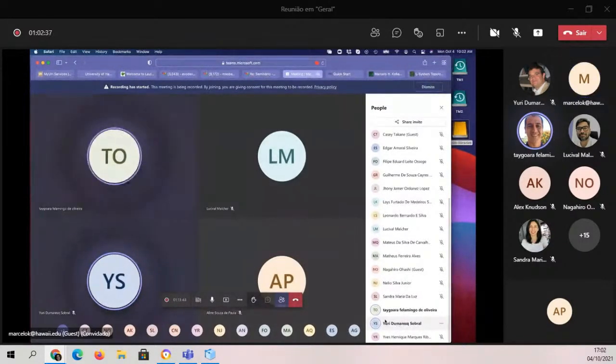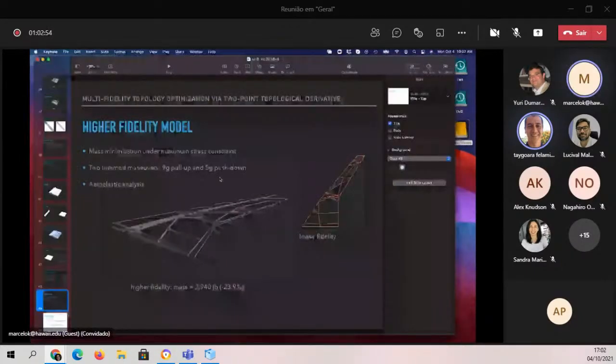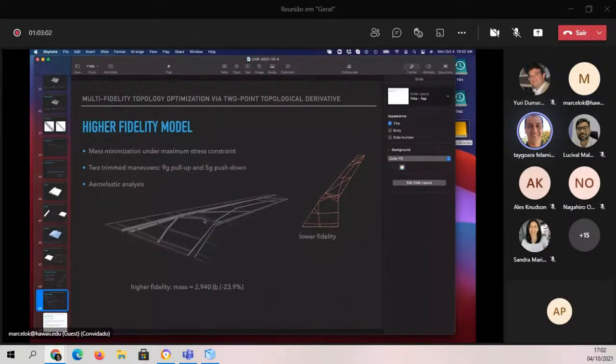So, Marcelo, I have a question. I'm sure my question is naive. You showed an application for an aeronautic wing, right? But do you think we can just apply your technique to optimize structures in wind turbine blades?